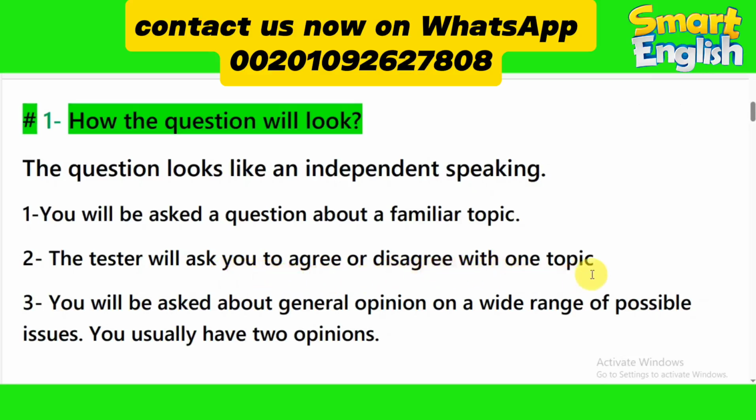Okay, at this point there is a very serious and critical point here: you have to determine which side you go with. The judgment of which side you will go with depends on the supporting ideas that can help you cover all the ideas for one side of the 2 sides given to you by the tester. So what I mean is, choose the side that you can answer correctly.